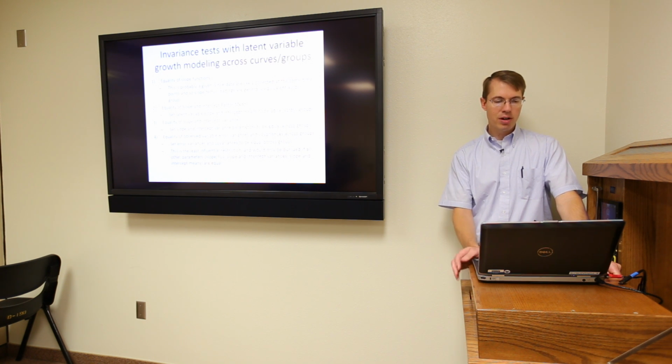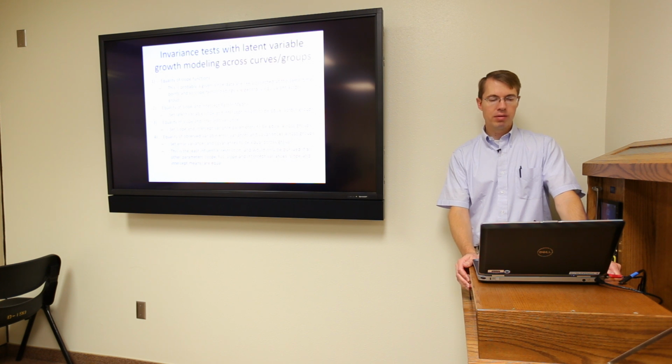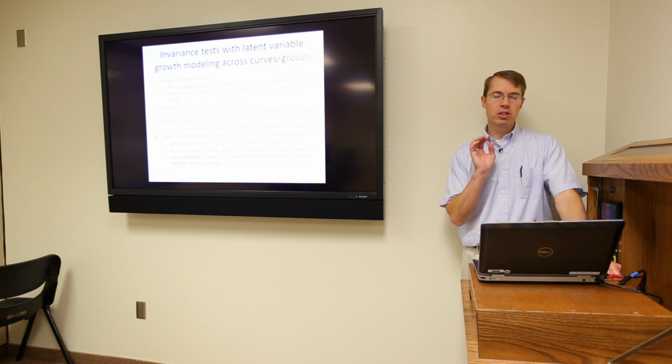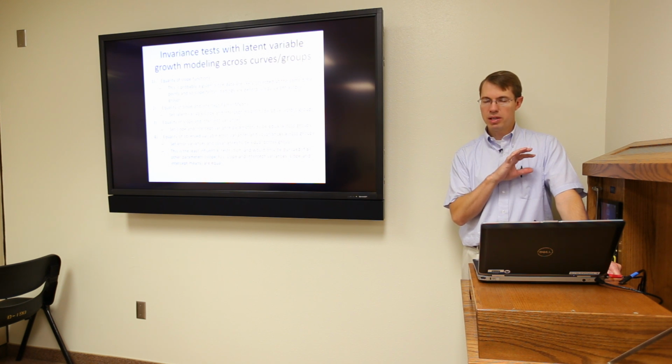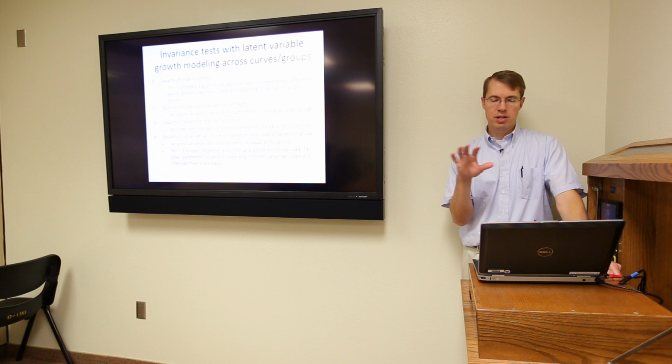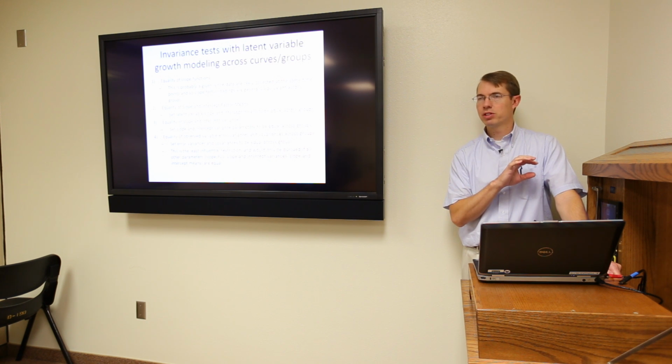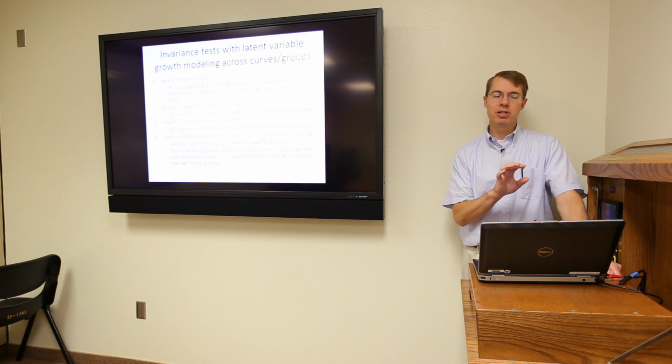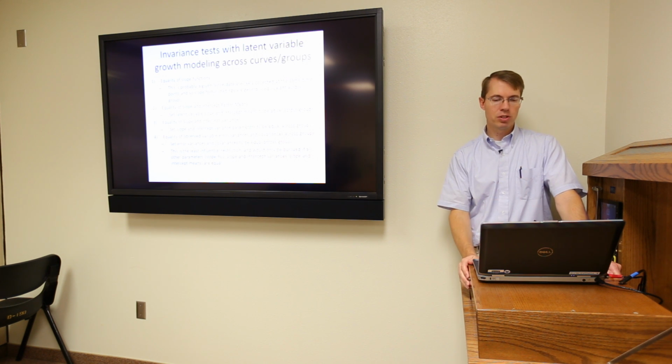Okay, so I say here on this slide, checking the slope functions across groups is, I think, necessary before you would equate intercept and slopes. So I think that would need to be established before you check intercept and slope means and variances.